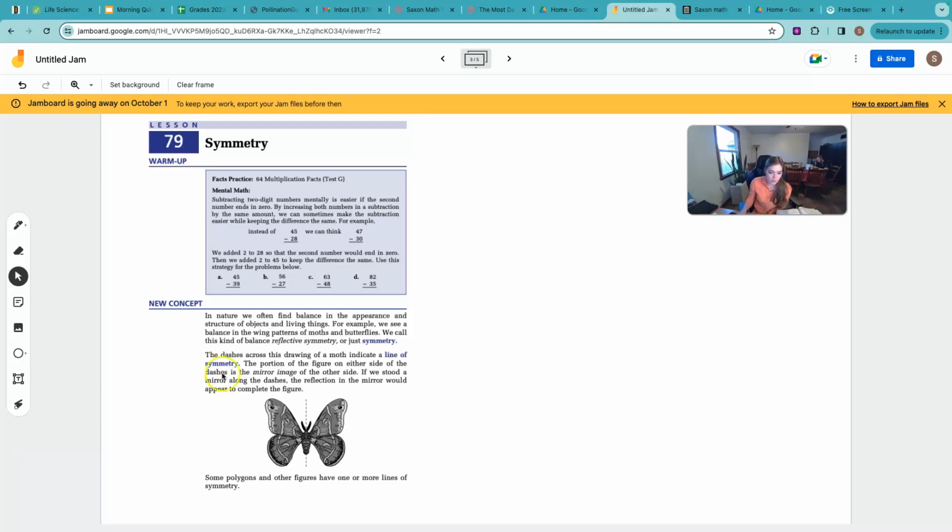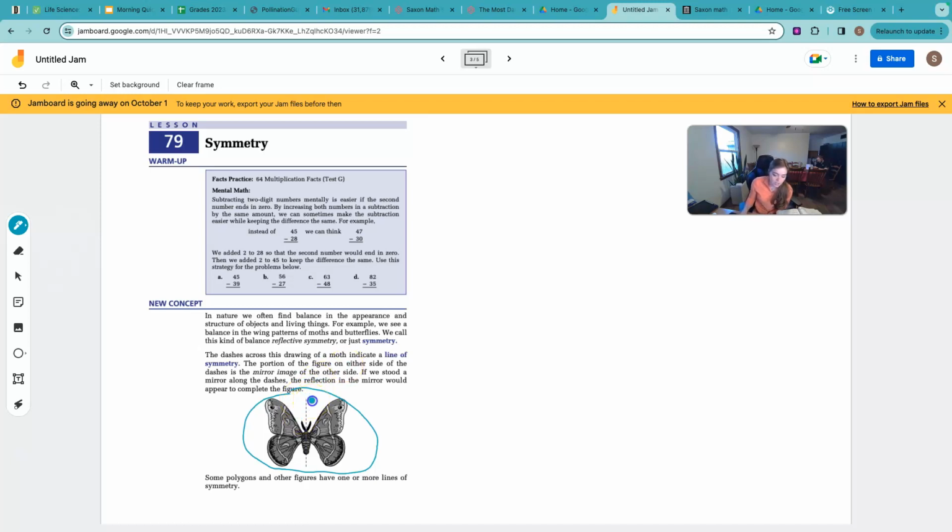Symmetry. When we're talking about symmetry, you might have seen symmetry in real life before. If you ever looked up at a butterfly, if you were to draw a line down the center of the butterfly like it's shown in this picture, you would have two equal sides that you could fold over on top of each other and it would match up, right?